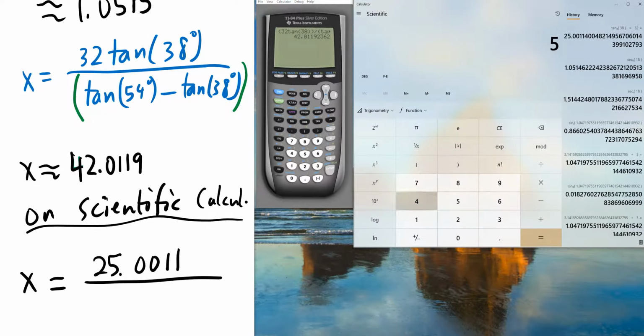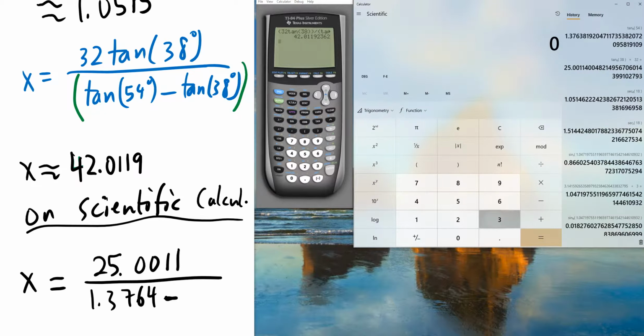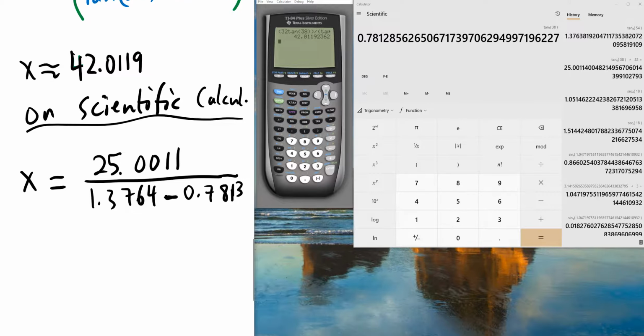Now for the denominator, clear this again. I'm gonna go 54 second tangent. So that's 1.3764 minus, clear this again. I'm gonna go 38 second tangent, 0.7813. And now keep the top the same, 25.0011.